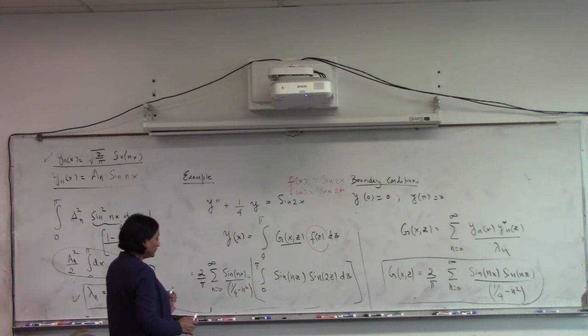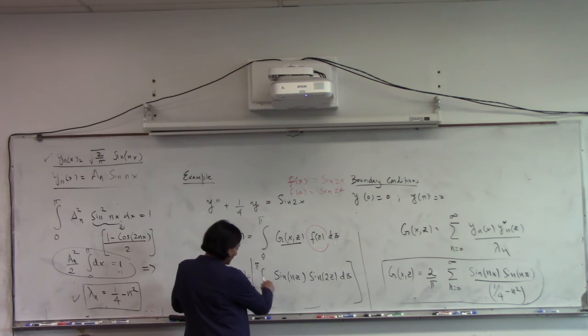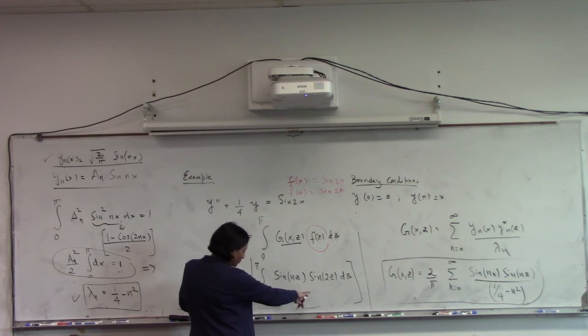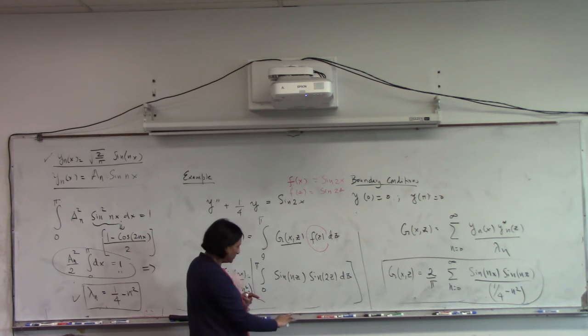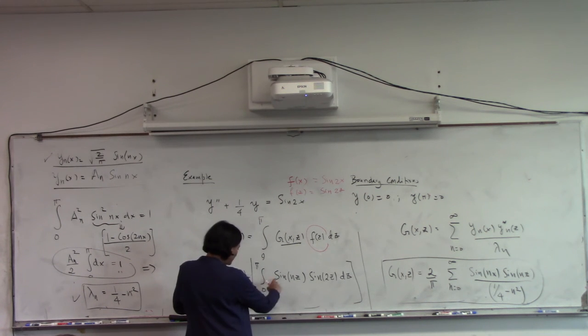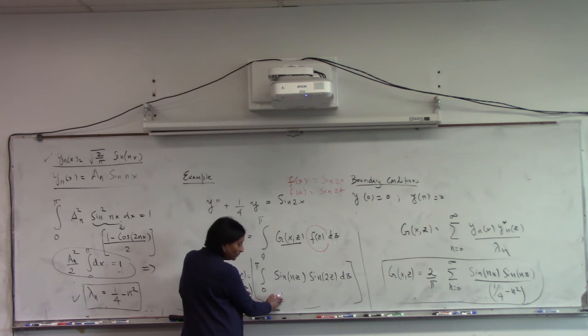So you do have n minus 2, right? N has to be equal to 2. And you also have a factor of pi, I think. So half of that integral, because this has to be 2 sine A sine B, right? So you have to multiply and divide by 2.